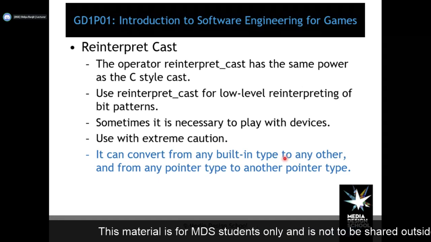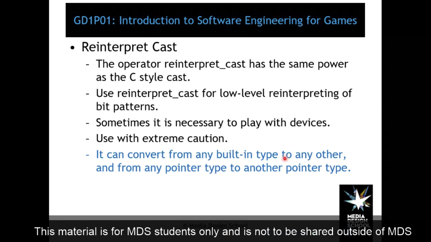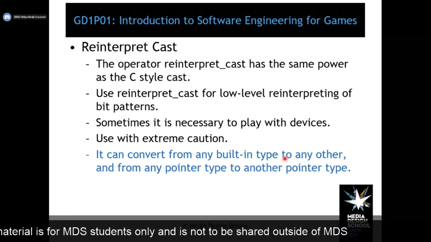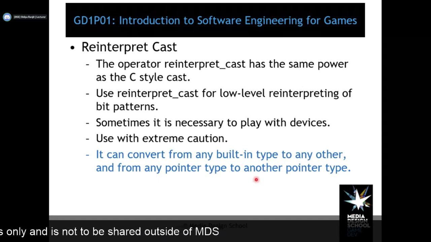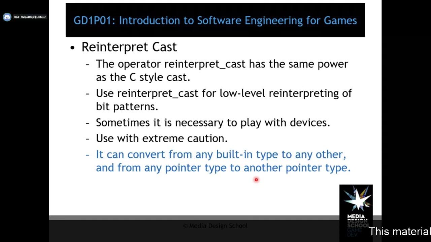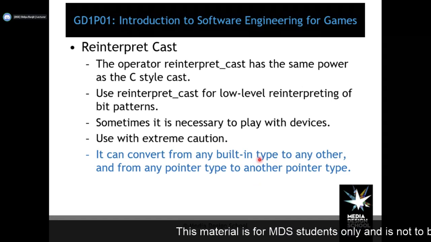And that's why it should be used with extreme caution, because you are playing with the low level over here. You're playing with the bit level over here, and you don't want to make any problem with your system. So you're playing with the basic device level, and that's why this should be used with extreme caution. All right, that is only if you need it.